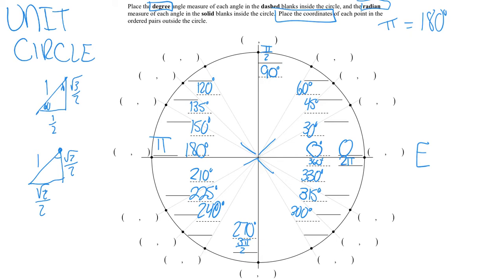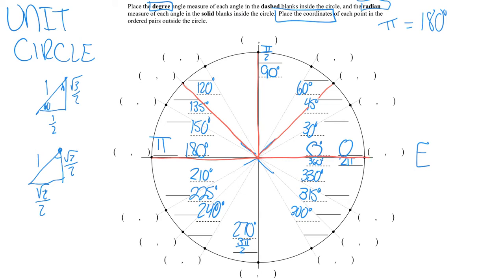Okay, so what I'm going to do now is temporarily highlight a few lines for you guys. I'm going to highlight this 45 and then this 135. If you see, this cuts our first 180 degrees, our first pi, up into 4 equivalent pieces.